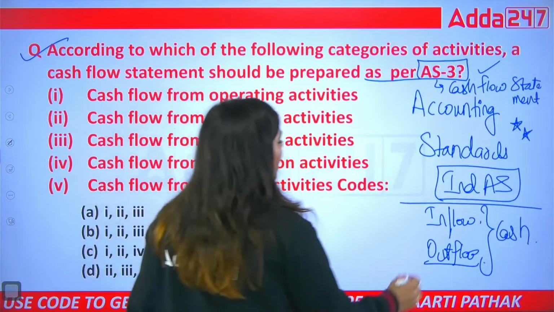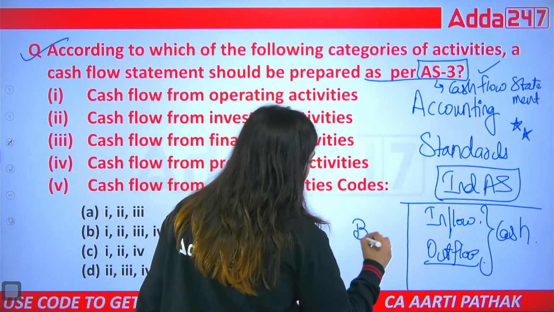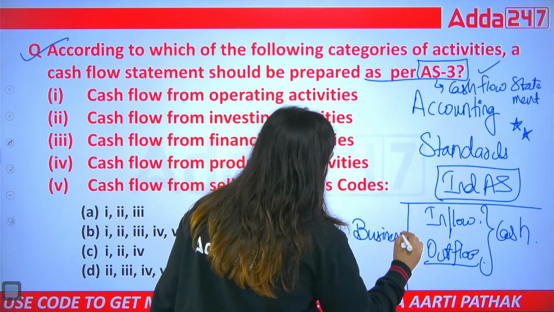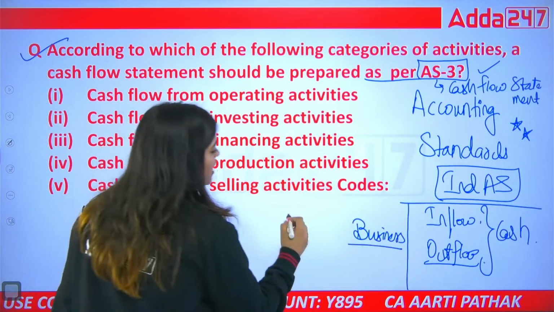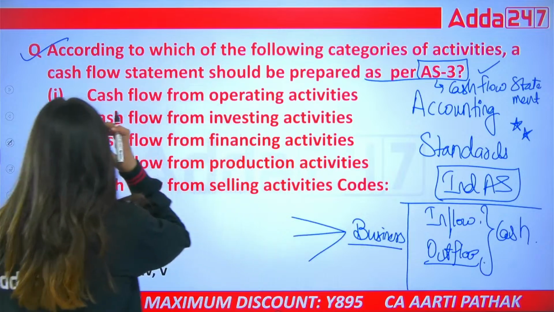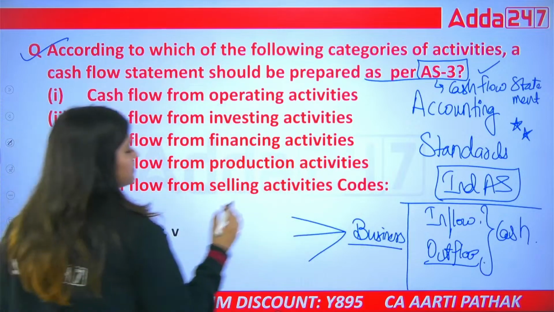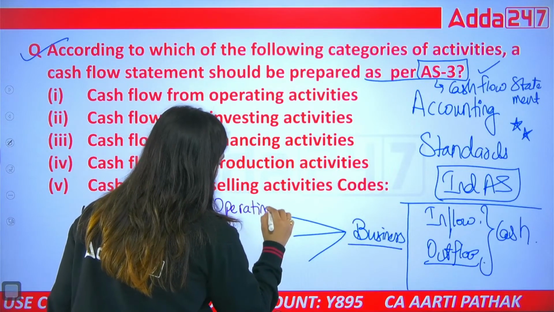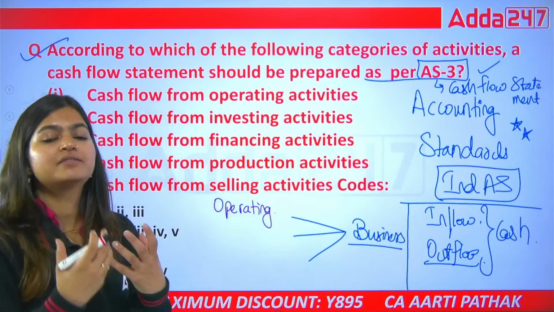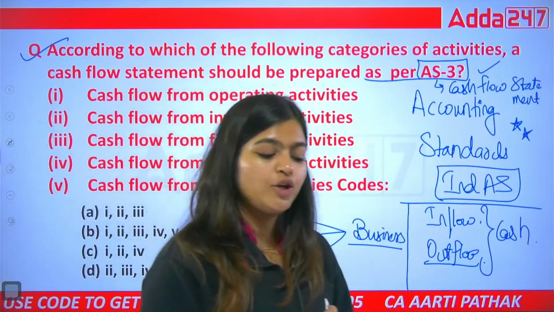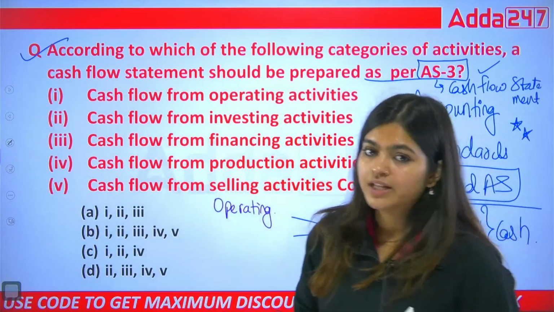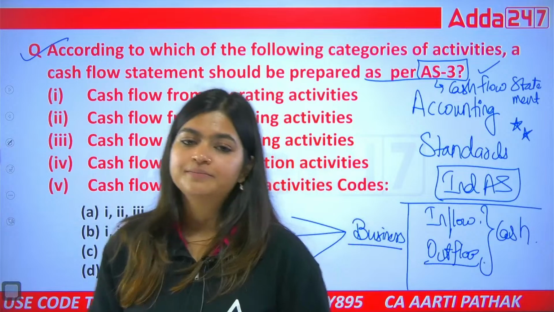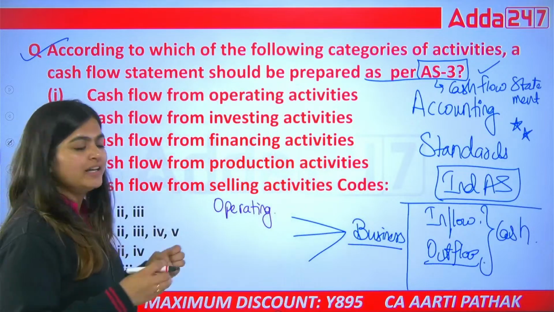In this, we divide our business mainly into 3 things: 1, 2, and 3. The first thing we divide into is your operating activities. Your main business operations, the main business activity that you are majorly focusing on. That is your operating activities.